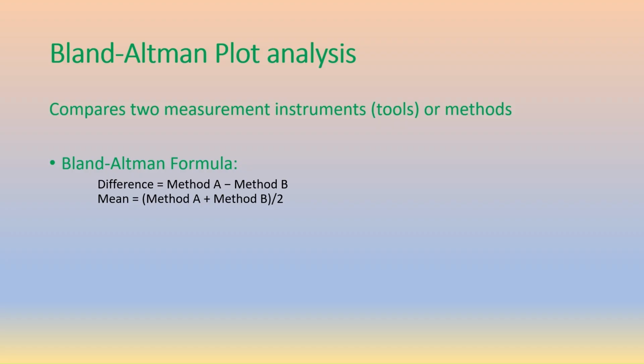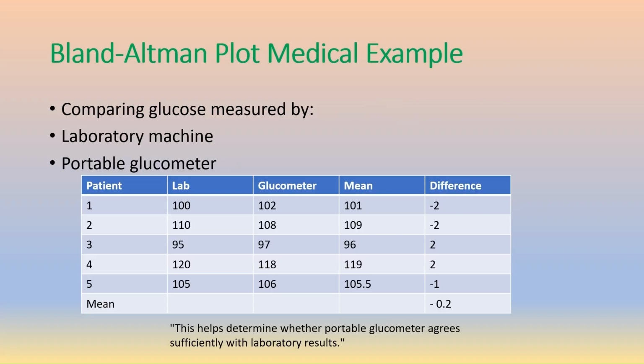The formula: difference is equal to method A minus method B, and mean is equal to method A plus method B divided by 2. We calculate the differences between methods and plot them against the average. For example, comparing glucose measured by a laboratory machine and a portable glucometer. Lab and glucometer readings are given.